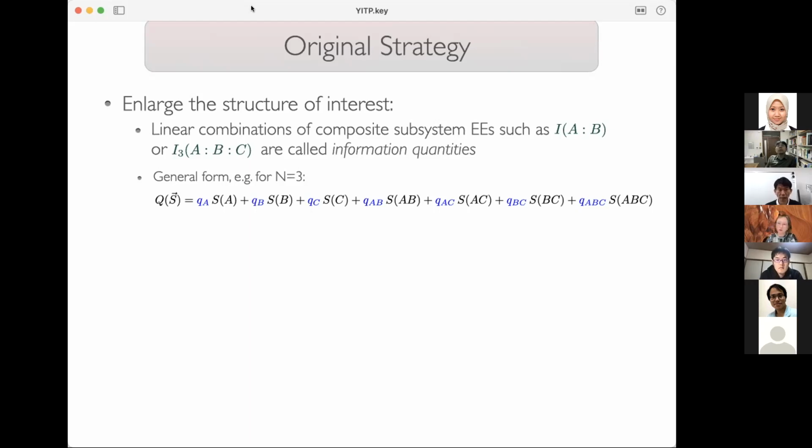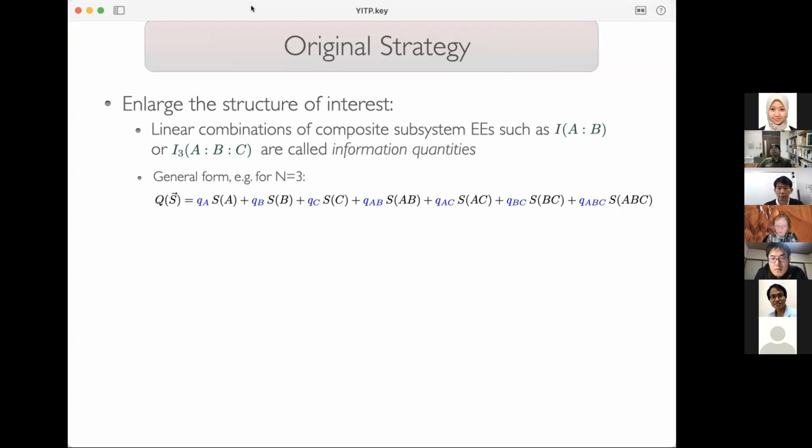First of all, we don't need to consider just sign definite quantities like mutual information or conditional mutual information, but also a broader set of quantities, so-called information quantities, which are just objects composed from linear combinations of these subsystem entanglement entropies with some integer coefficients, which can be positive or negative.